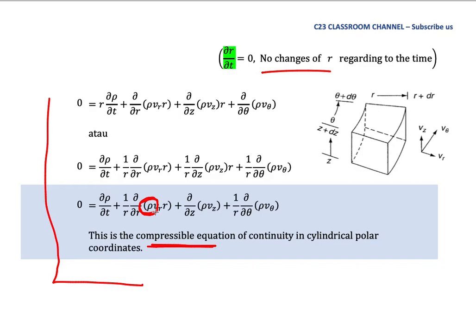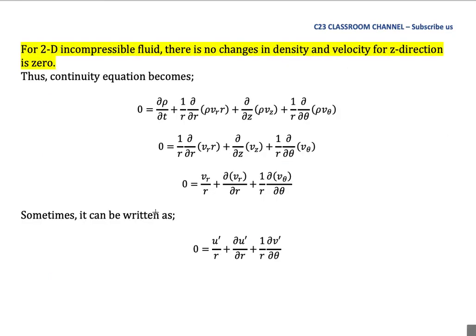However, normally in fluid mechanics we use liquid as our medium, for example water, which is categorized as incompressible. For incompressible flow, there are no changes in density, so we could simplify it and neglect rho, meaning rho is not changed. If you are doing two-dimensional flow, you can also neglect the z direction, so the continuity equation will become like this.